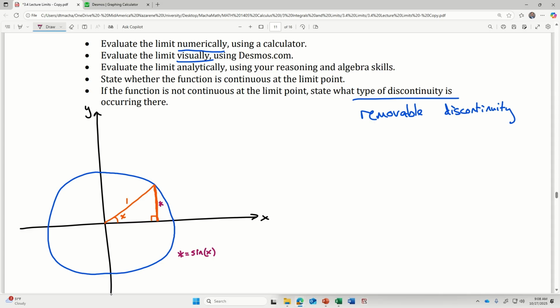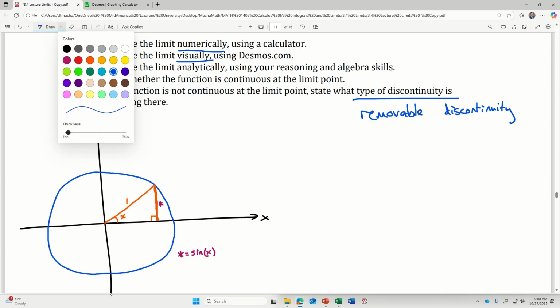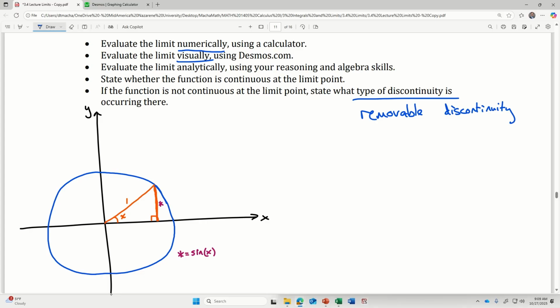Now, what you probably know about measuring angles in radians is that for a unit circle, this little arc length from here to here has a length x. If I measure this angle in radians and I say this is an x measure of angle, then this blue arc has a length of x.